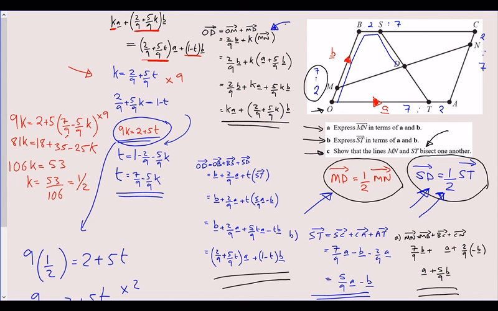So the vector m to b, m to d is some multiple of m to n. Well, k is a half, so it's half of m to n. Yes, this is what we were trying to show. And then in the second scenario here, we said the vector s to d is some multiple of s to t, and that is also equal to a half. So that demonstrates that the lines m and n and st bisect each other.